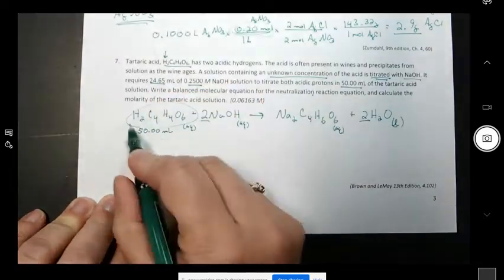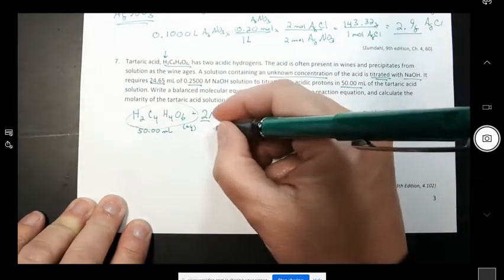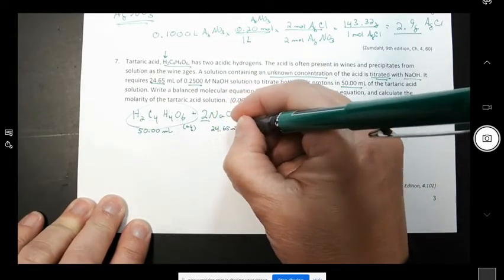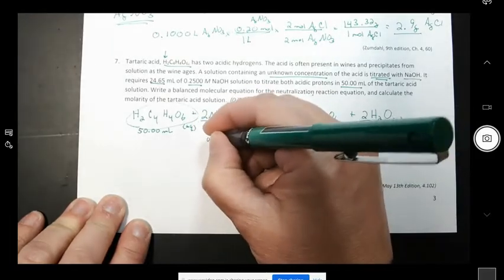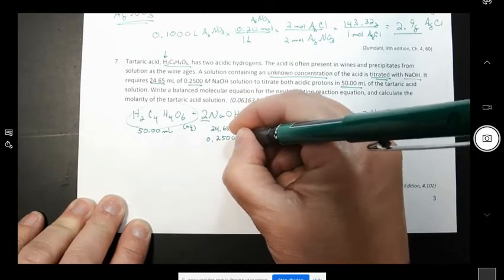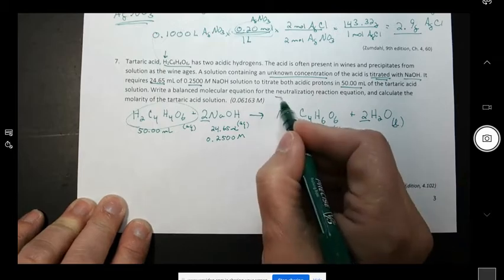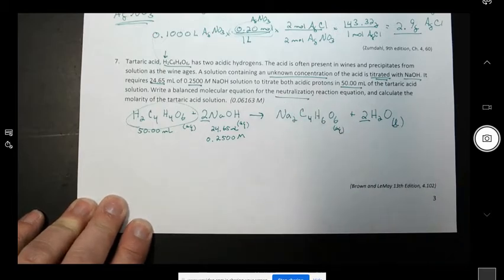We want to find the concentration of that acid. So we know that we added 24.65 milliliters of the 0.2500 molar solution until we got to what we call the equivalence point, or until we neutralized our solution.